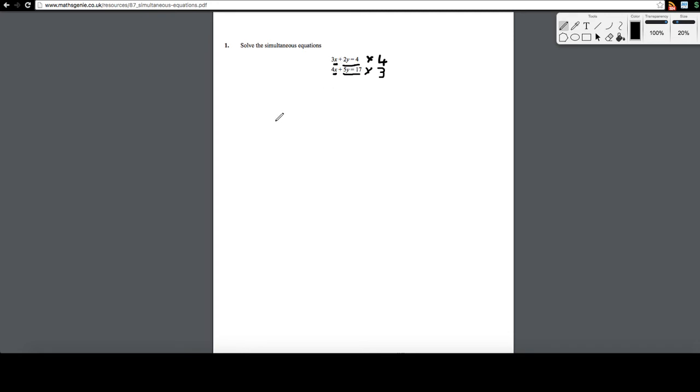So the first equation is going to end up as being 12x plus 8y equals 16, because 3 times 4 equals 12, 4 times 2 equals 8, and 4 times 4 equals 16.